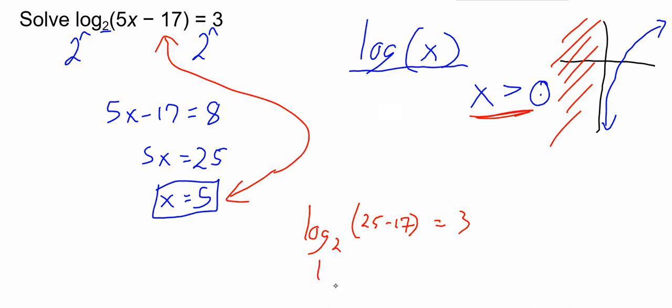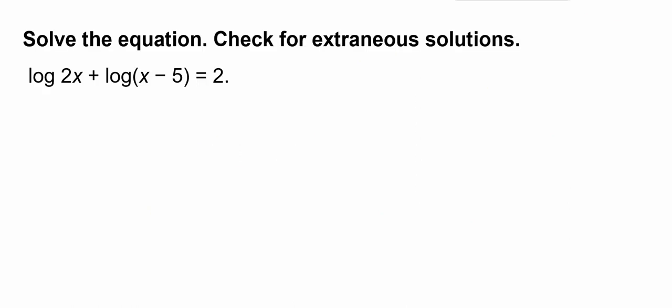If I simplify that down, I get log base 2 of 8 equals 3, which makes sense because by my definition, 2 to the 3rd is equal to 8. That will be important as we start talking about extraneous solutions. So we need to make sure that the answers we get for x here keep the argument within the log positive.